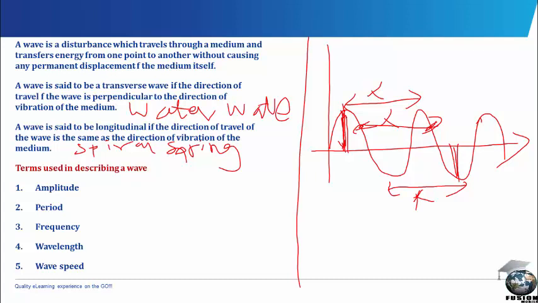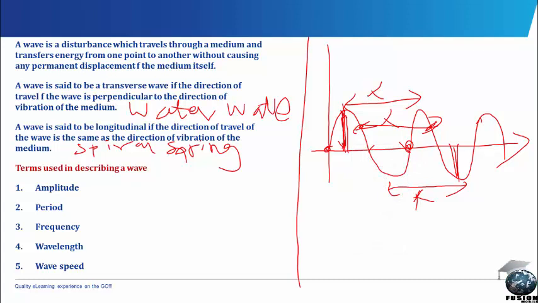While one cycle is starting from here, making one complete to movement and making another complete fro movement. So from this zero point to this point is considered as one cycle.